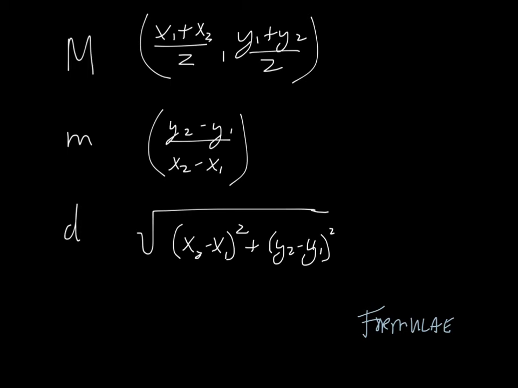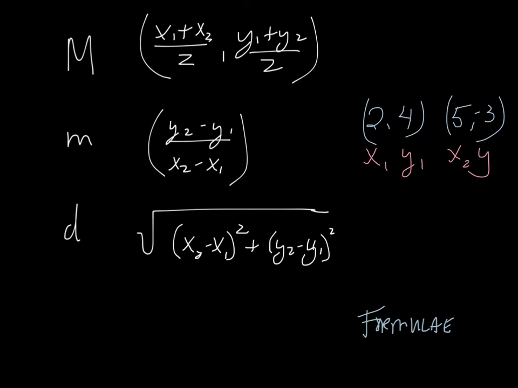Remember that if you have given points, let's say our 2 points are (2, 4) and (5, -3), the first step you should always take is to label these x and y, x and y. The first point is the 1s, and the second point is the 2s. Do that before you substitute. Label before you substitute, and then you'll be in fine shape.